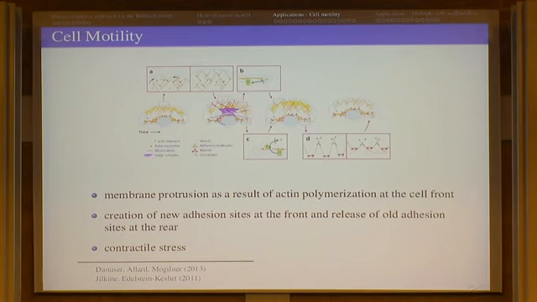On the other hand, we have creation of new adhesion sites at the cell front, and the release of old adhesion sites at the cell rear. And finally, there's also contractile stress between these actin filaments caused by myosin, which pushes the body forward.